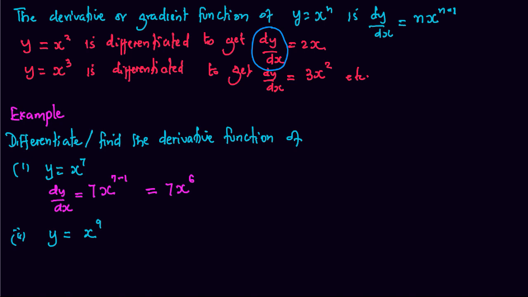The same can be done for the second example. y is equal to x raised to power 9, dy over dx is equal to 9x raised to 9 minus 1, which gives us 9x raised to power 8, as being the derivative function of the function y is equal to x raised to power 9.